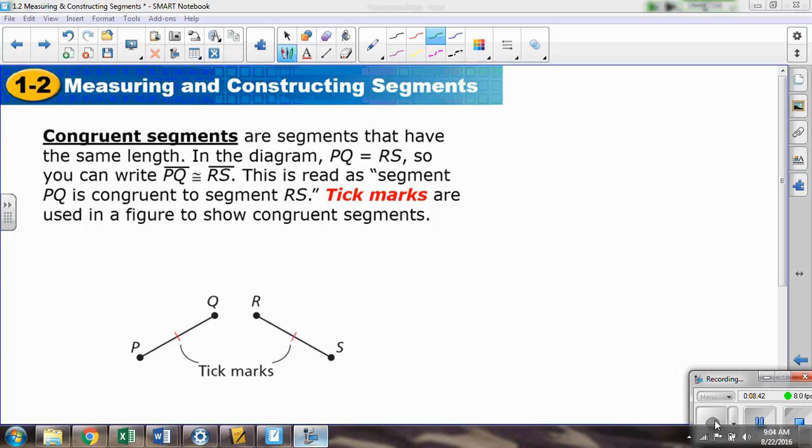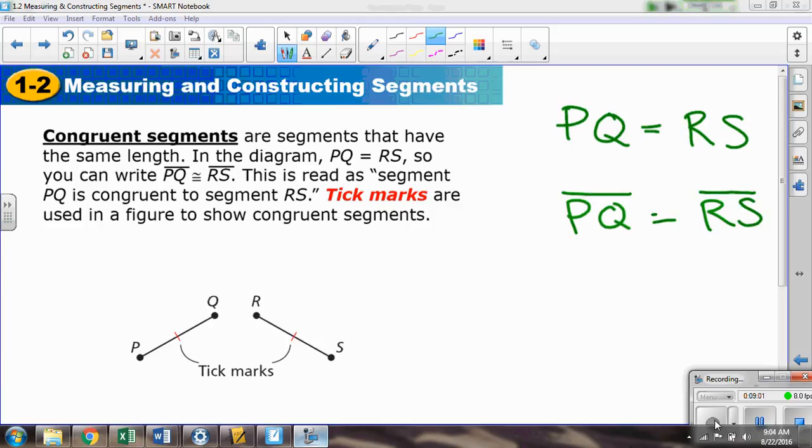And so we have these pieces that we can convert back and forth between each other. If we have 2 distances that are equal, and I want to emphasize this, distances can be equal, and then that forces the segments to be congruent.